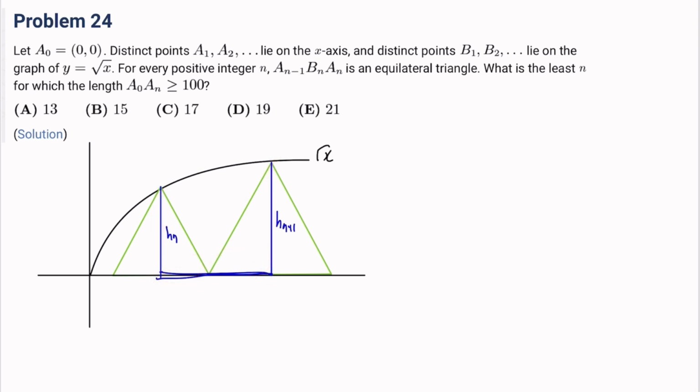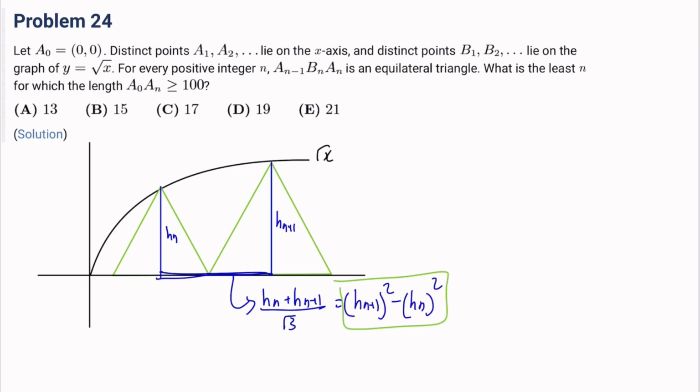And so the whole thing is going to be hn plus 1 over root 3. And so this is going to be equal to hn plus 1 squared minus hn squared, because this is taking into account the fact that these are the y values of these points.